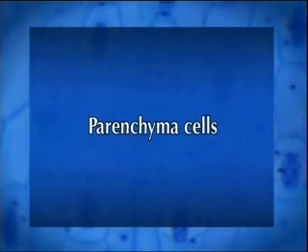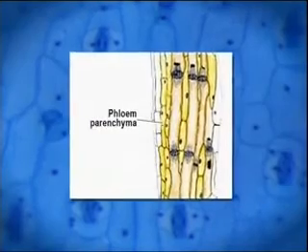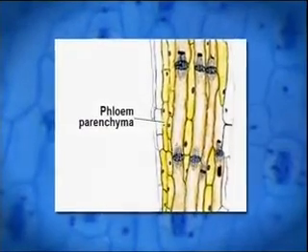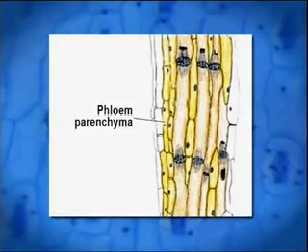The third component of the phloem, that is the parenchyma cells. Like xylem parenchyma cells, the phloem parenchyma cells are the most simple and delicate ones. The parenchyma cells of the primary phloem are elongated and are oriented like the sieve elements, with their long axes parallel with the longitudinal extent of the vascular tissue.